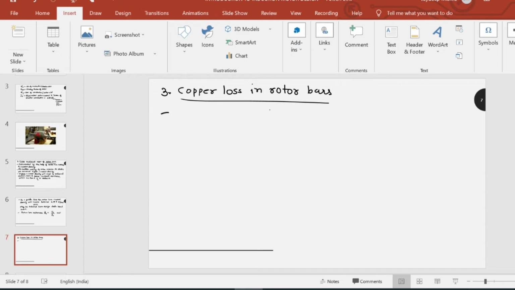First of all, we know about the length of the rotor bar. So what is the length of rotor bar? LB, which is L plus allowance of skewing. Then what is the other thing?